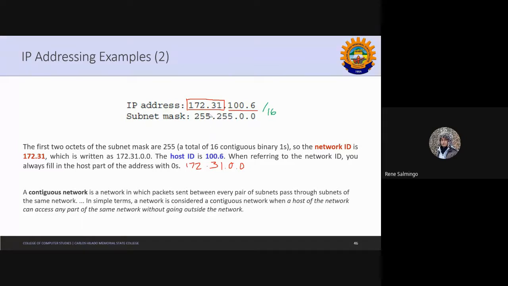So take note of every subnet mask: you have 8 bits, 8 bits. In this case, the CIDR notation for the IP address is slash 16. That's for your class B.